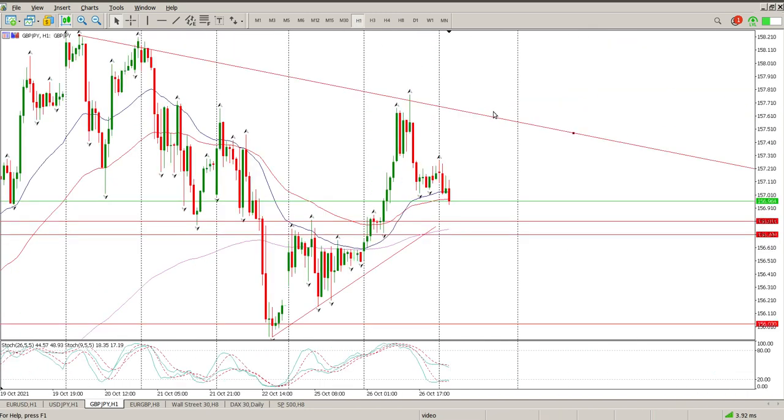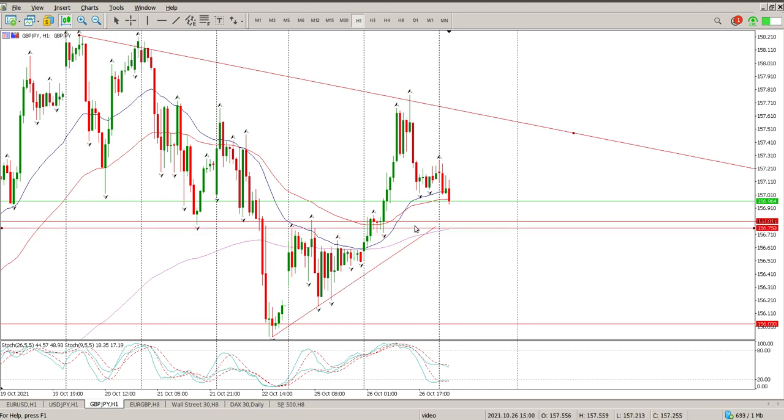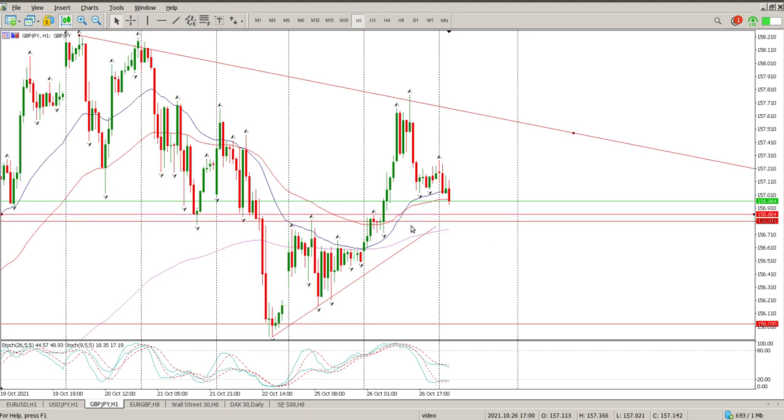If we get down to the hour, you can see we got up into this area, and then the seller stepped in, moving it to the downside. So we've got a break of the moving averages. We are looking for a retest, which looks like it's happening. Any further move from where we are now is going to test the 155, which is something we're always looking for, especially when we've got a break below the moving averages and we come back to test the break.